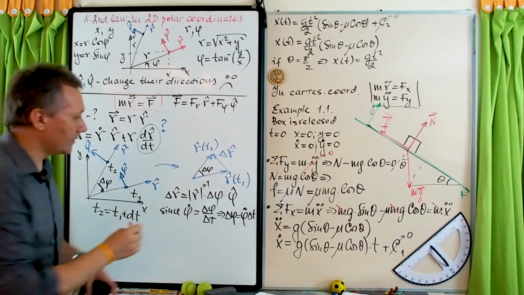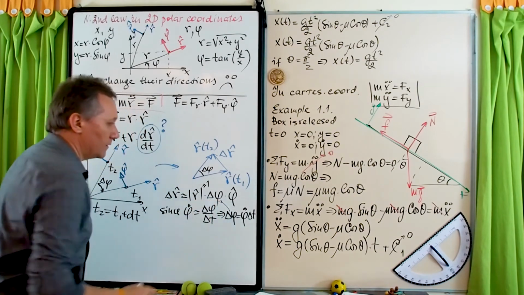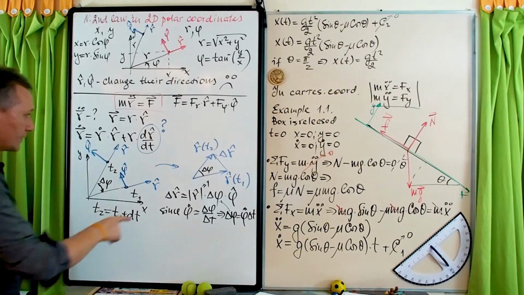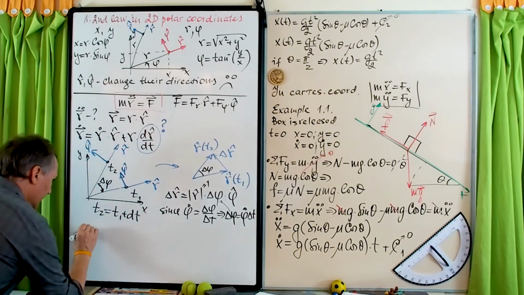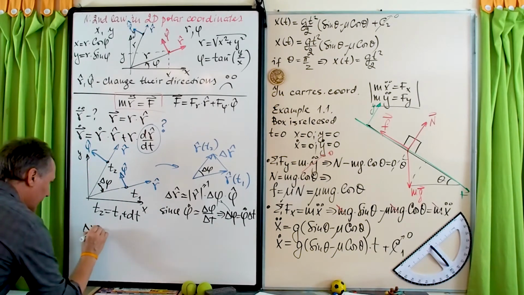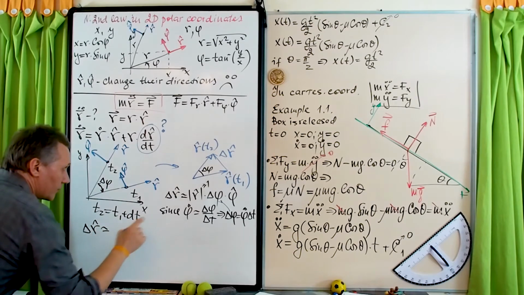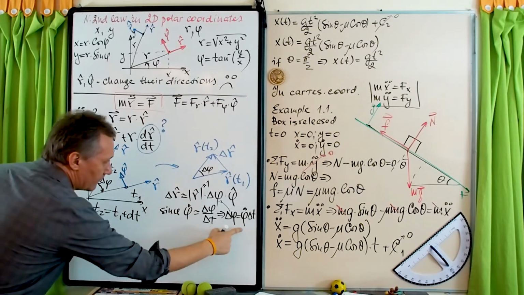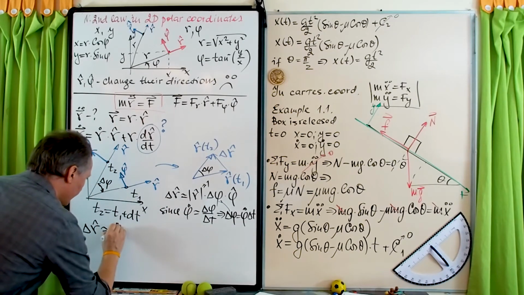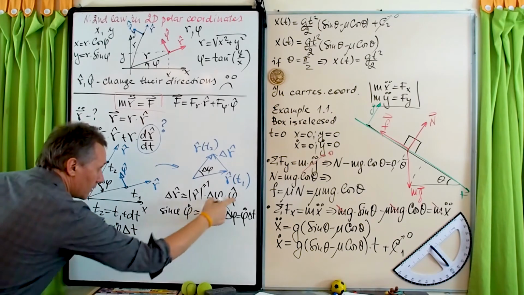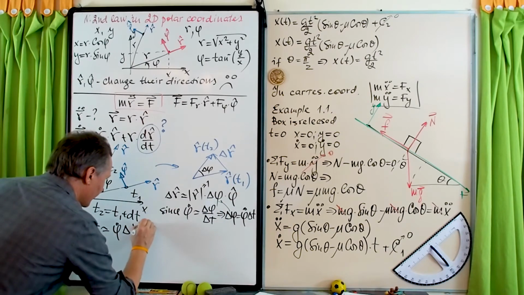So we can plug in this delta phi. As a result, we will have delta r hat approximately equal, so this is 1, instead of delta phi we have phi dot delta t, and in the phi hat direction.